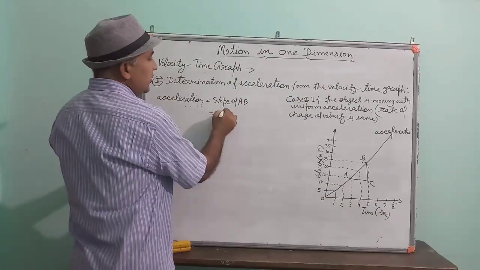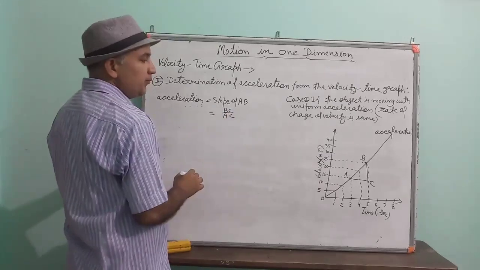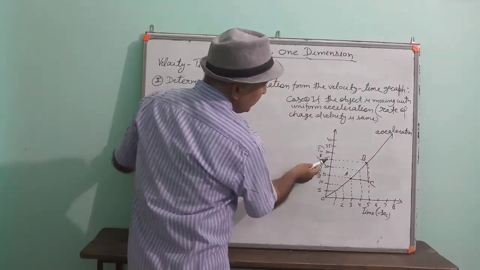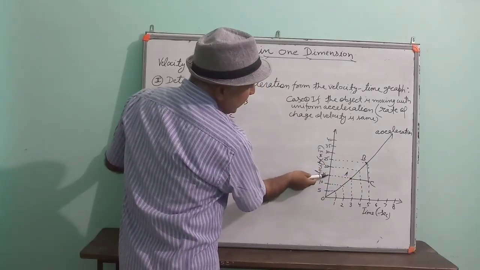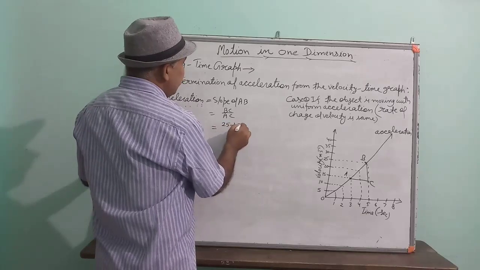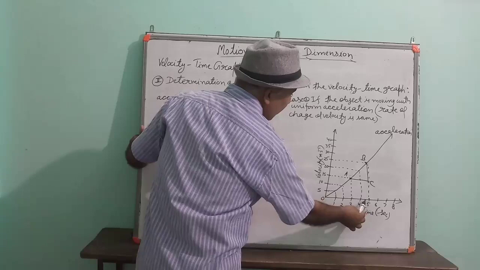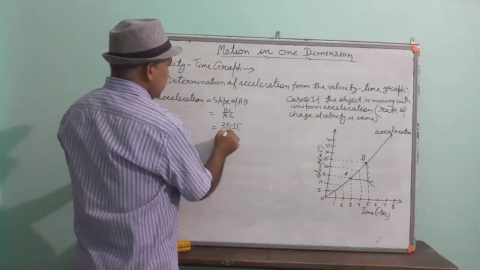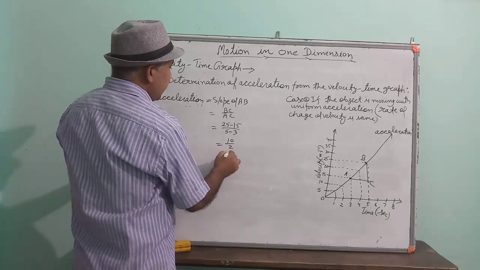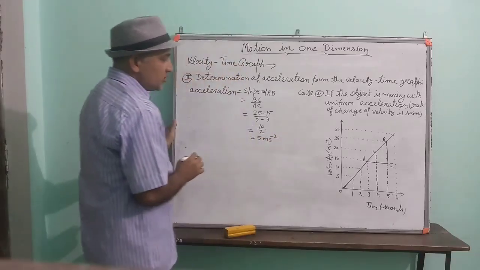Slope of AB will be equal to BC upon AC. What will be the value of BC? 25 minus 15. And what is the value of AC? 5 minus 3. So 10 by 2, which is equal to 5 meter per second square.